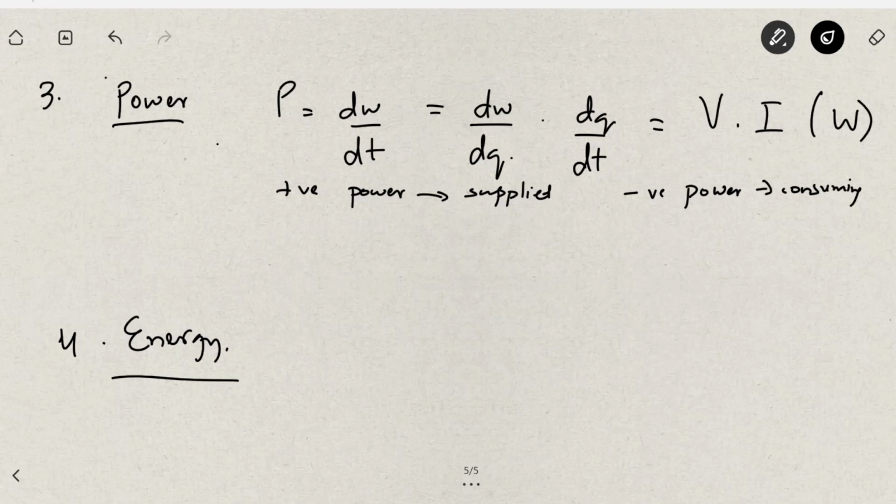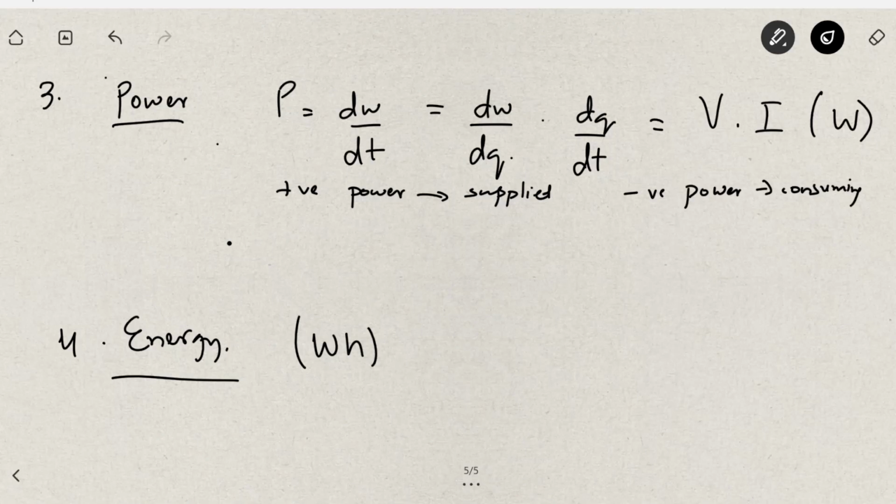Energy is its capacity to do work, and it's measured in terms of joules. But when we are talking about electrical systems, we represent energy in terms of watt hours. That is, how much power is being consumed in how much time.